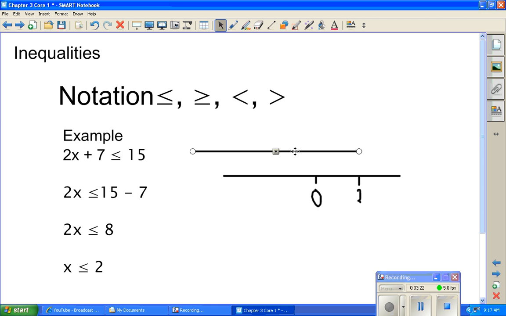Sorry, sometimes it's confusing which side is the start and the end. You can see here I've got an arrow at one end which shows that it's continuing on in that direction. I've got a closed-in circle because it uses the sign less than or equal to. When it can be equal to that number, then we use a closed-in circle.